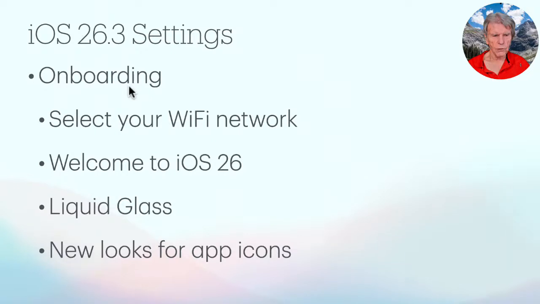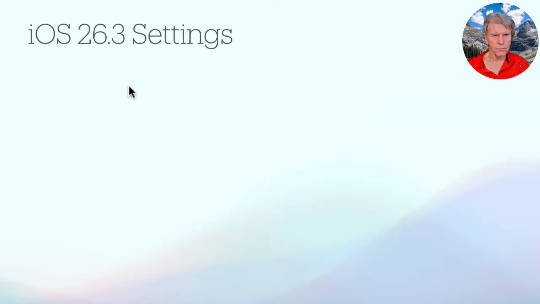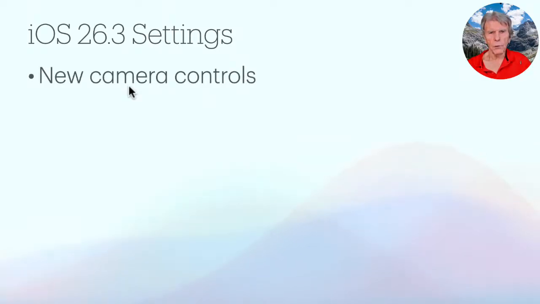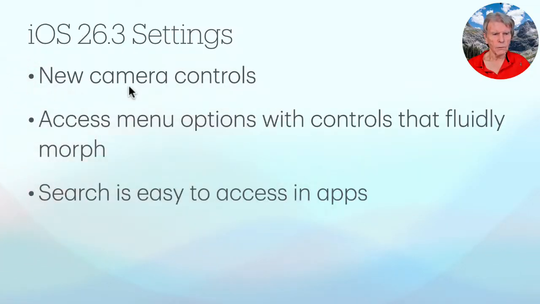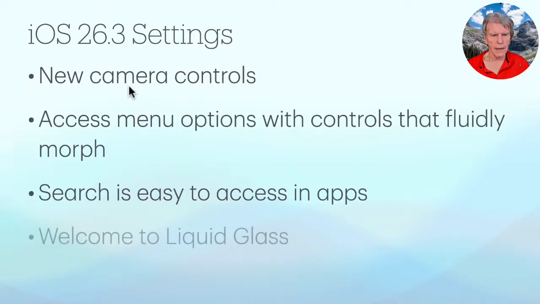Then it's going to show you the new looks for app icons and new camera controls, access menu options with functions that fluidly morph, whatever that means. And then the search is easy to access in apps, and welcome to liquid glass.